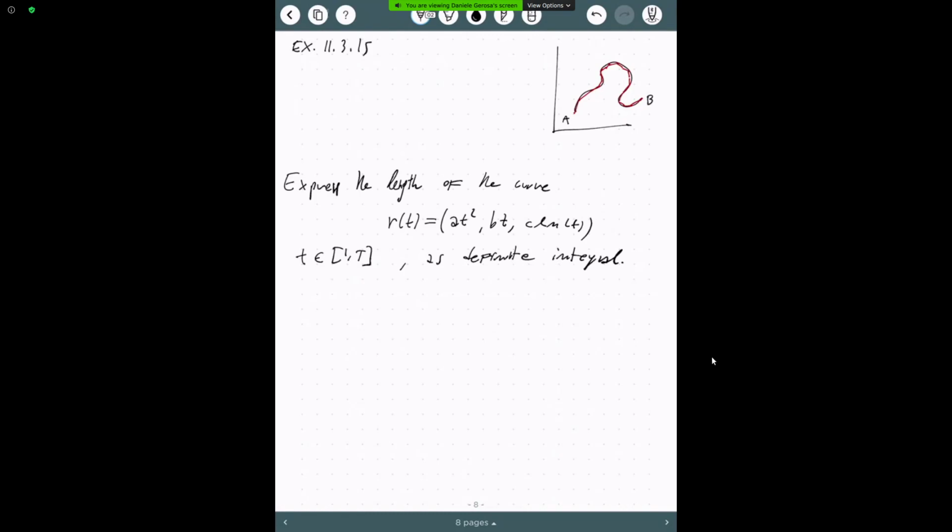Evaluate the integral if b² is equal to 4ac.